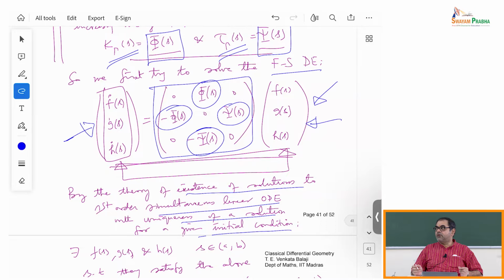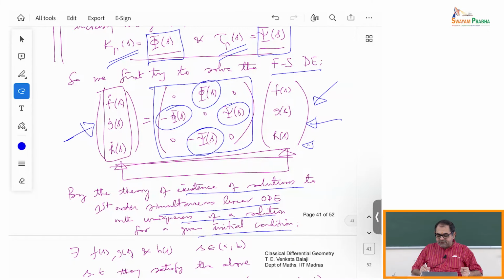Now what I want you to understand is that you are looking for a particular curve. Actually, there could be many curves which have the same curvature and torsion, but we have already proved that if there are two such curves which have the same curvature and torsion, then one can be moved to the other by rigid motion.